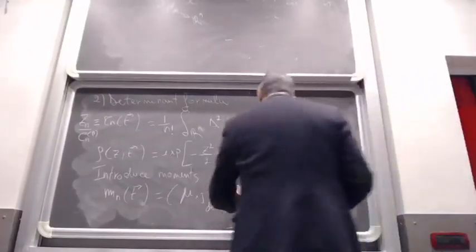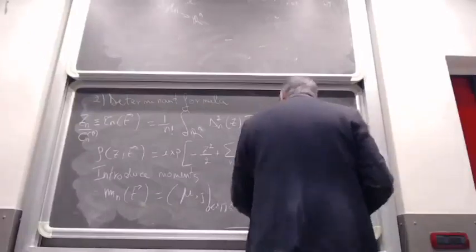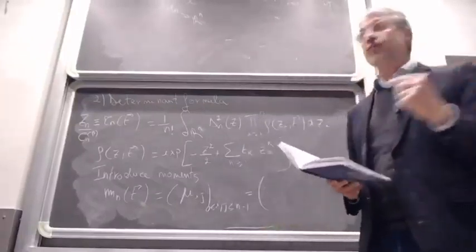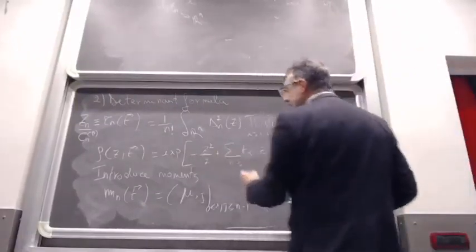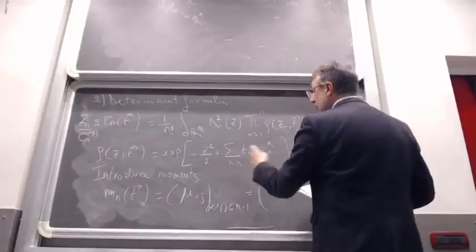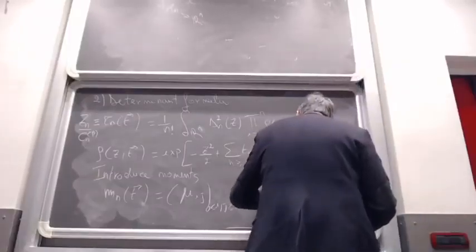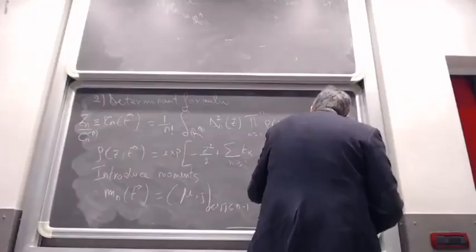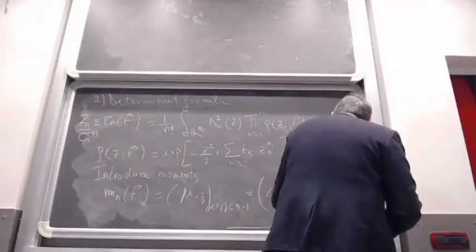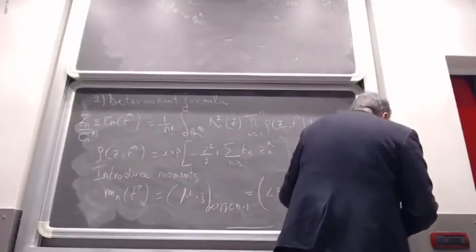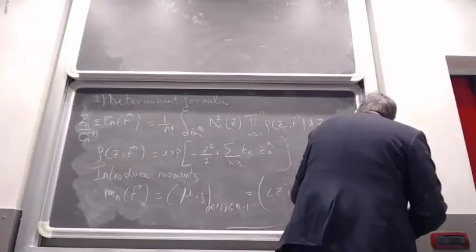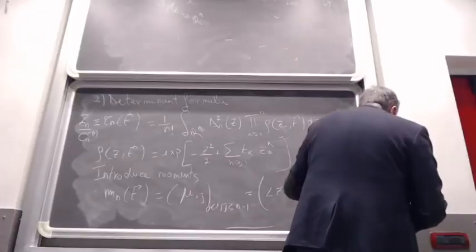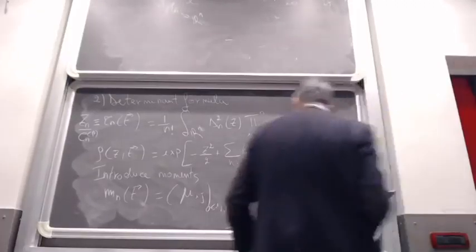And who are these mu ij? Mu ij are the expectation values of these variables, z to the power i and z to the power j, where i and j run from 0 to n minus 1.